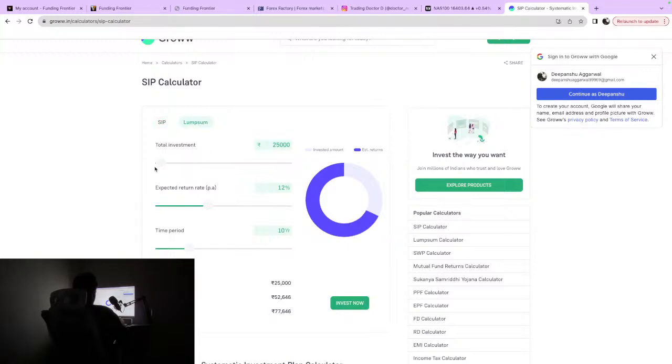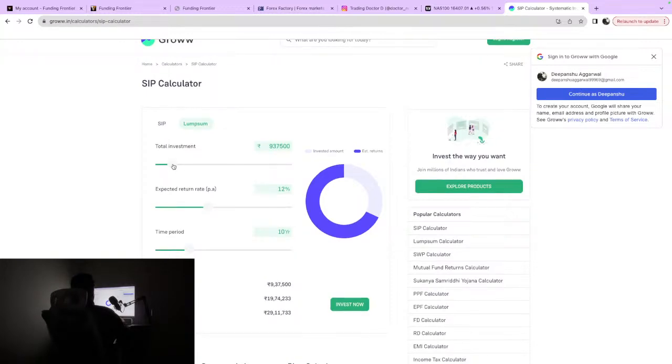Suppose today you start your trading, in whatever market you like, and you have, one suggestion is 10 lakhs.